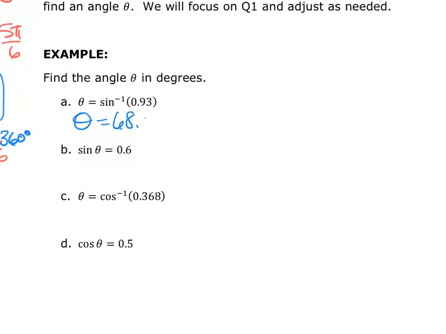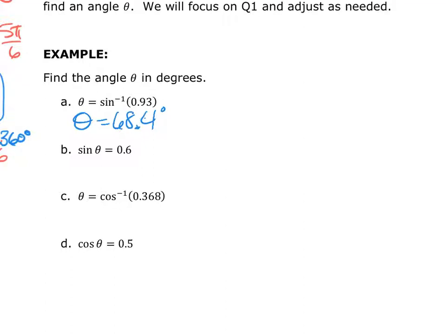68.42, so I'll just do 68.43. Now, as a reference angle in quadrant 2, what is another angle that could happen?